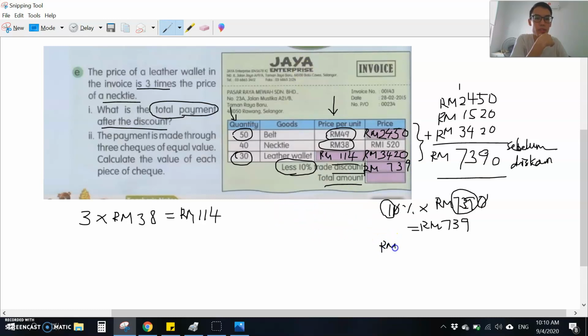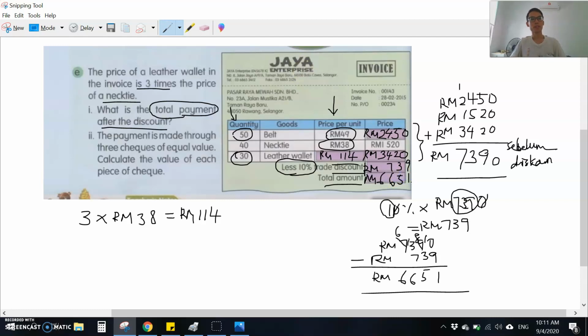The price after discount, you take the original price minus the 10% discount. So the price after discount should be 6,651.